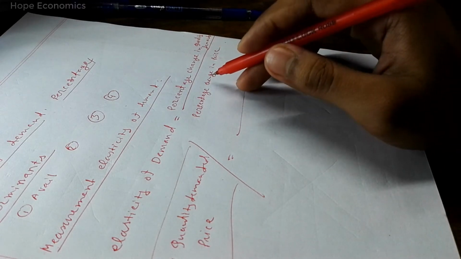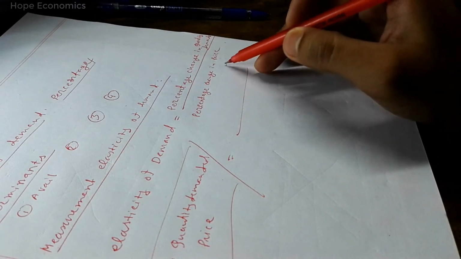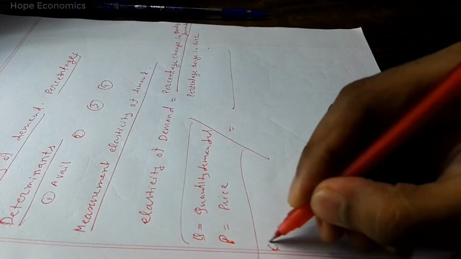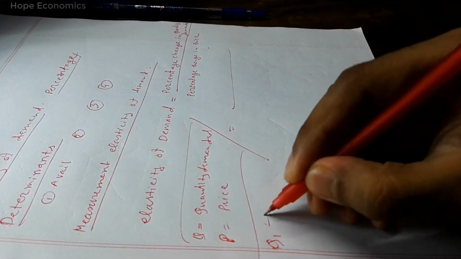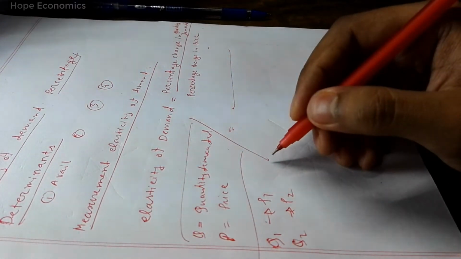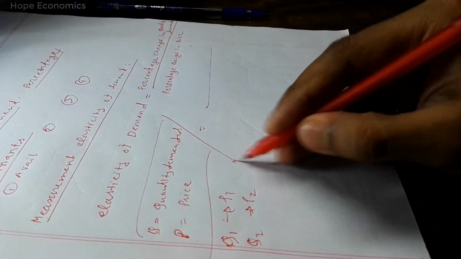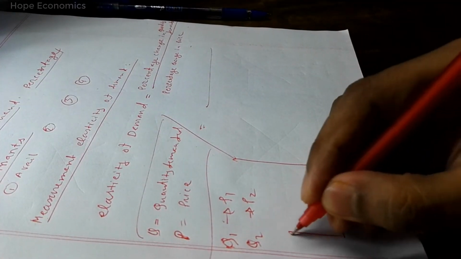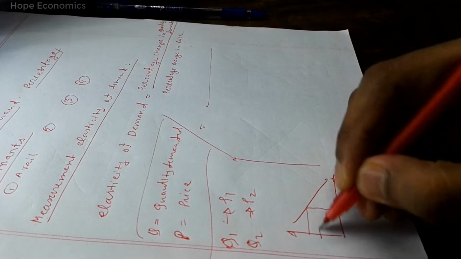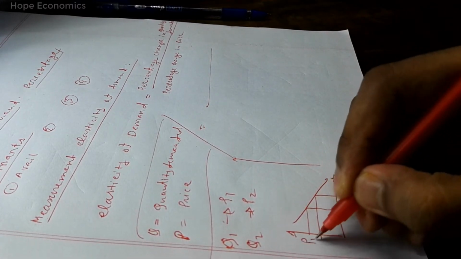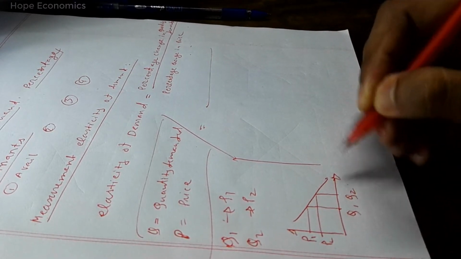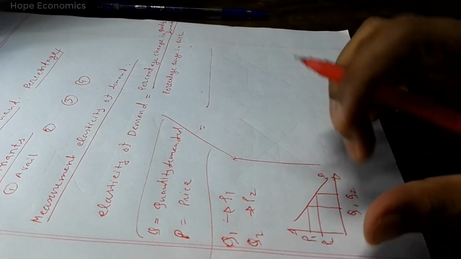So we have two quantities according to two prices. Let's assume these are quantity Q1 for P1 and Q2 for P2. And if we want to show it graphically, let's assume P1, P2, Q1, Q2. So this is what we assume.